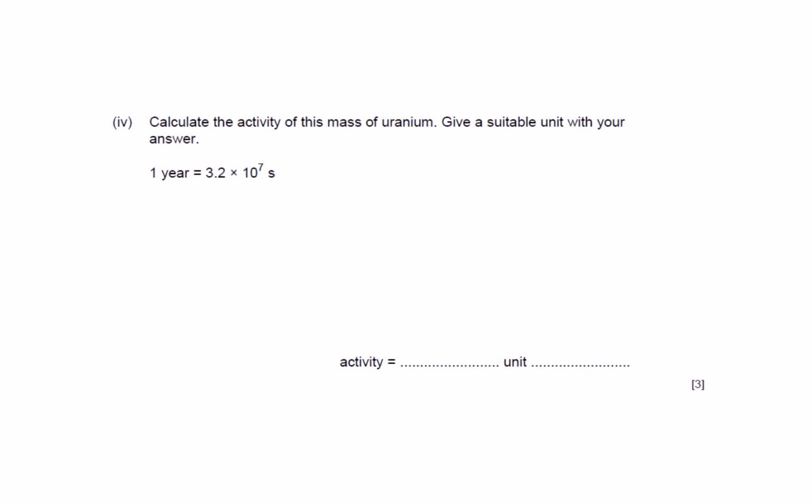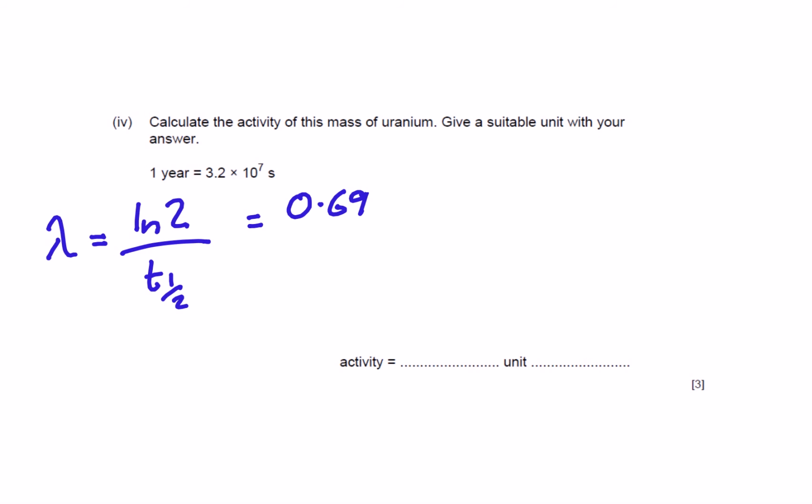So what we know is that the decay constant, lambda, is equal to the natural log of 2 over the half-life. Natural log of 2 is 0.693, although in the mark scheme it's just saying it's 0.69, so let's go with what's on the mark scheme.